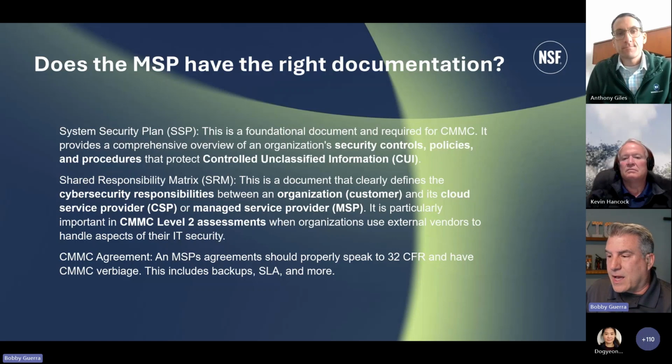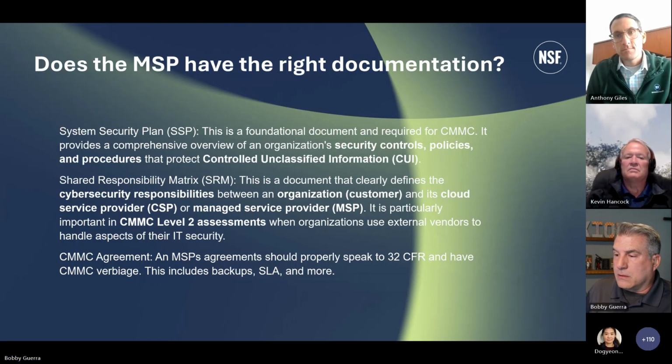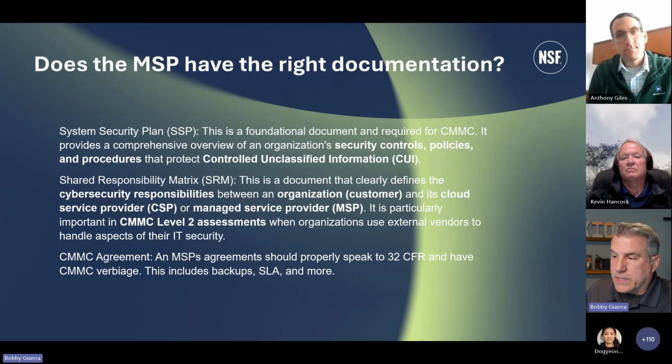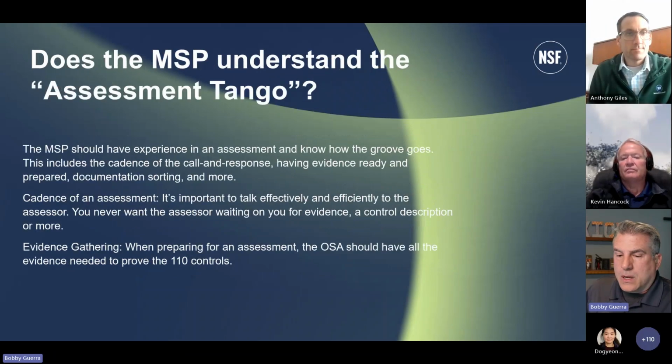And if an auditor looks at that and sees no references at all to the matrix, no references to the inheritance, no reference to the MSP being responsible for those, how valuable is that agreement? Probably not. And it could jeopardize your assessment. So, that's a big deal. Not a lot of people talk about that, but it is a pretty big deal.